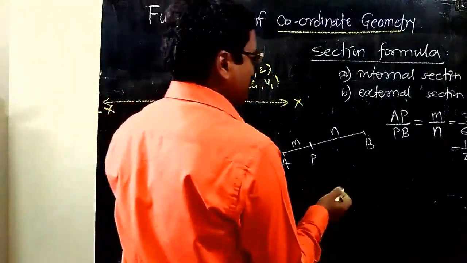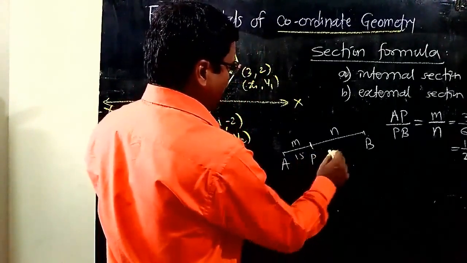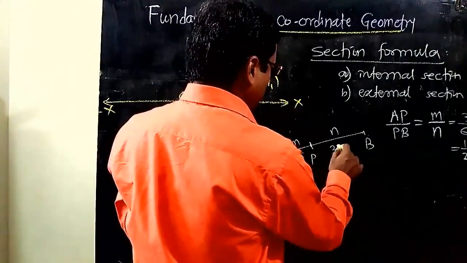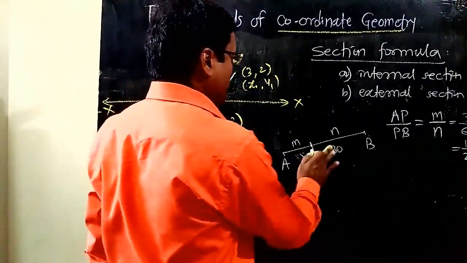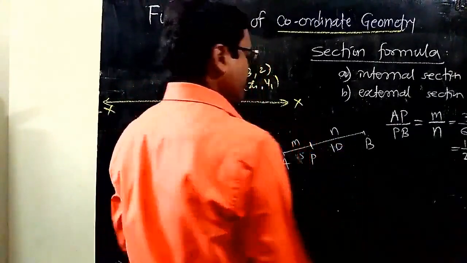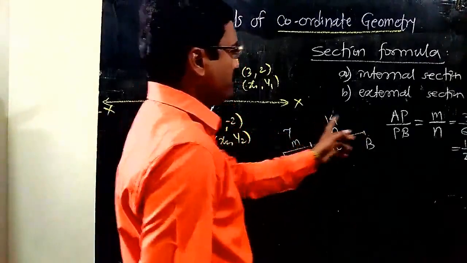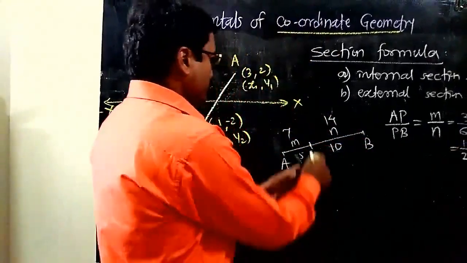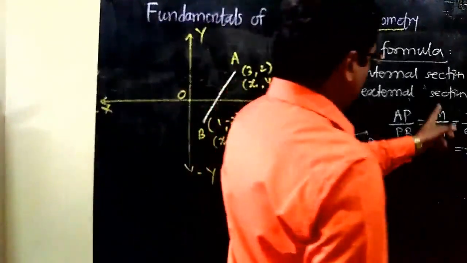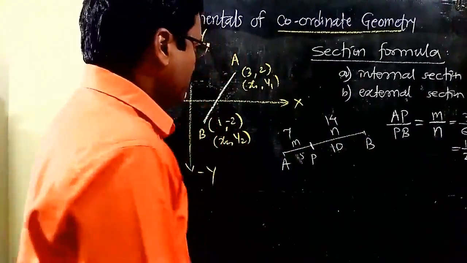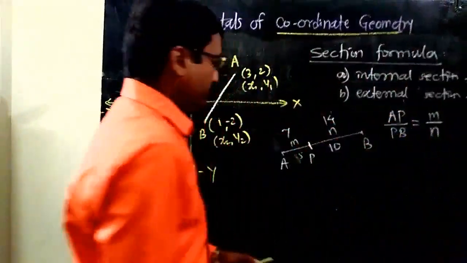For convenience, we will take another example. If this distance is 15 and this is 30, then we get the same ratio. If this distance is 5 and this is 10, then we get the same. If this distance is 7 and this is 14, we get the same ratio. So this point P divides segment AB internally in the ratio m is to n. And what is the formula to find the coordinates of point P?